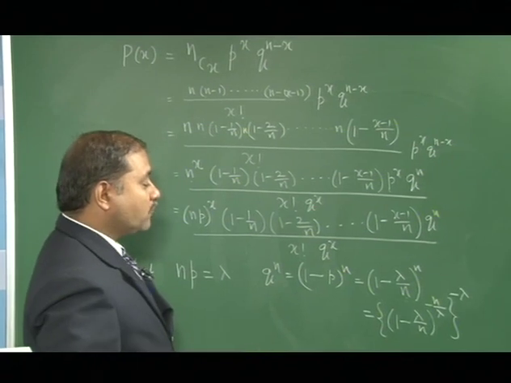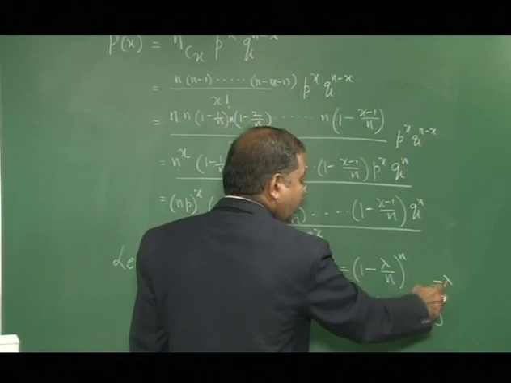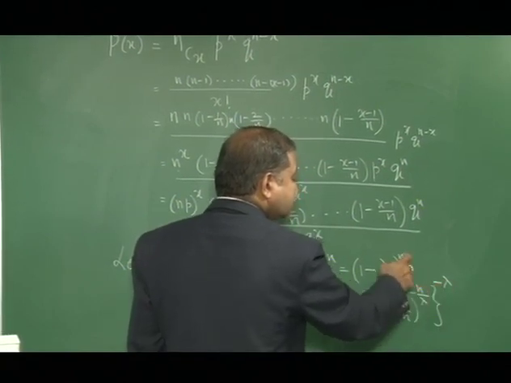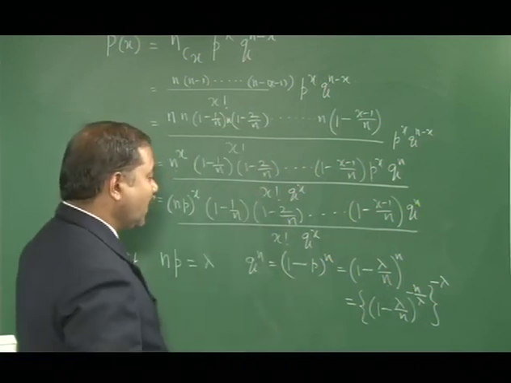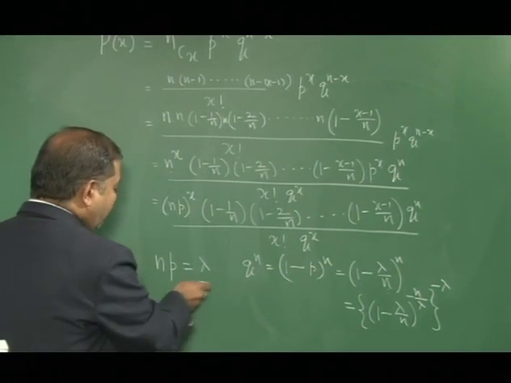All these things you know from the lower classes. A power mn is going to be a power mn. If these two are multiplied, lambda gets cancelled, minus into minus becomes plus, this is n. So now it is very clear, it is the limiting case. I know np is lambda.